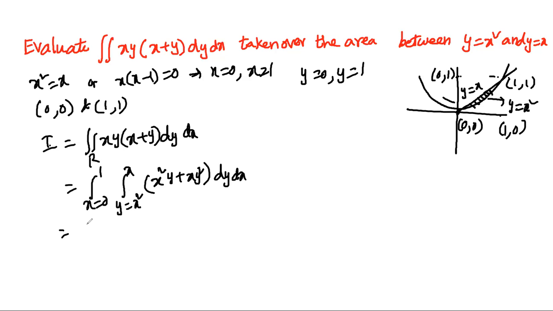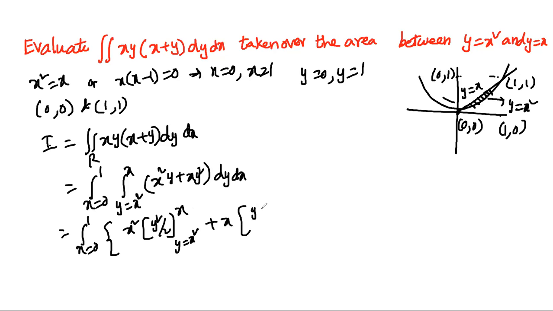Now that is equal to integral x is equal to 0 to 1. Now you can do here x square of y square by 2, with y going from x square to x, plus x into y cube by 3, with y going from x square to x. So finally that is dx.